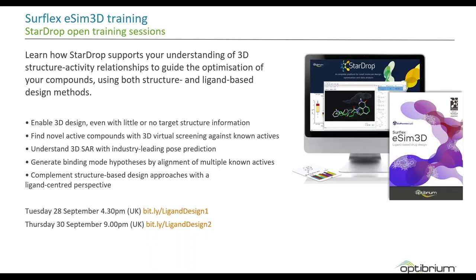Indeed, one can. Whilst I was displaying a single conformation for an active molecule, as I said, this was extracted from a protein prior to the demonstration, but you can do that extraction directly within StarDrop.